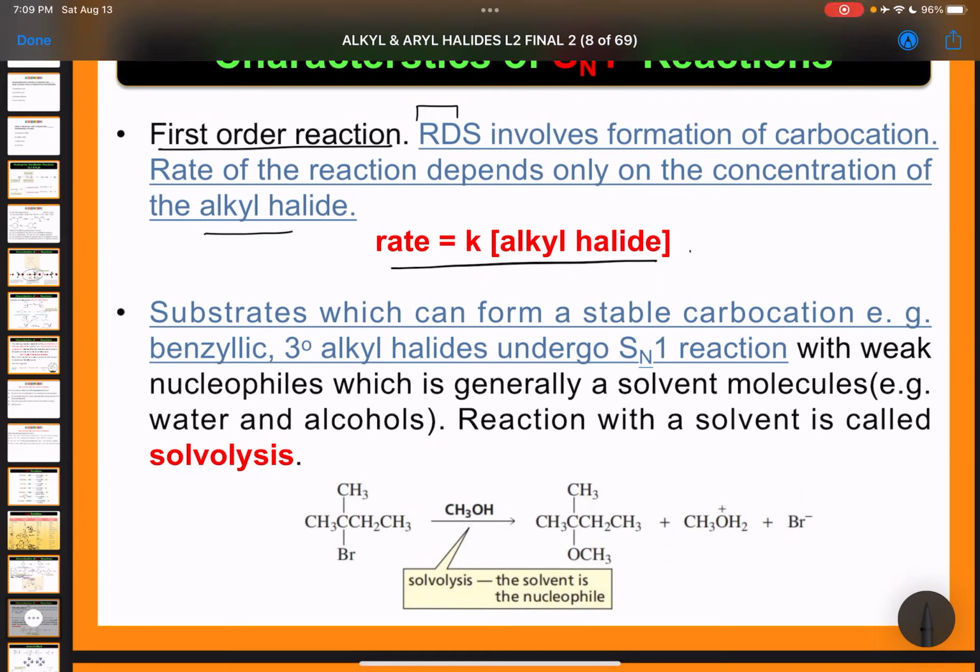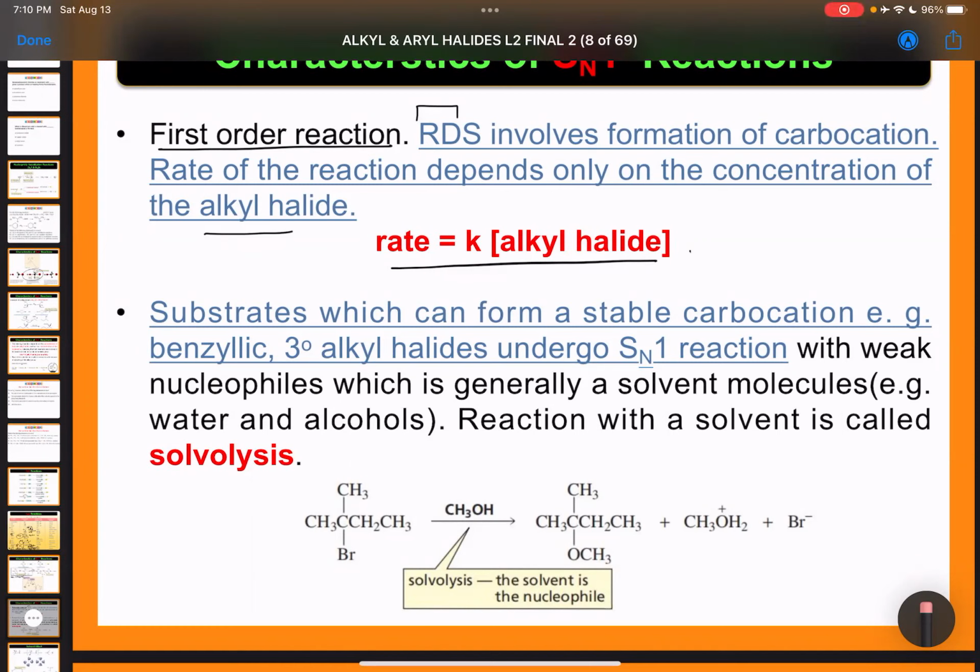What kind of substrate do you need to take, or what kind of leaving group, that will make SN1 happen more quickly? Vamsi, any idea? I didn't get the question, sir. The rate of SN1, how is it dependent upon the nature of the substrate?